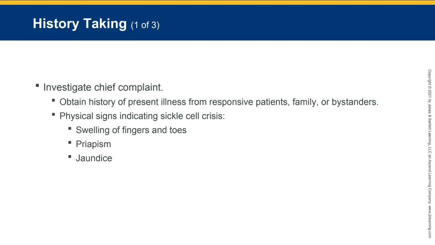Physical signs indicating sickle cell crisis would include swelling of the fingers and toes. They can have priapism, which is a painful, sustained erection. So it's a penile erection that is painful. They can have jaundice, which is a sign of problems with the liver.